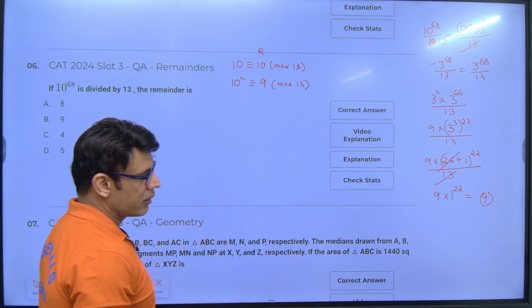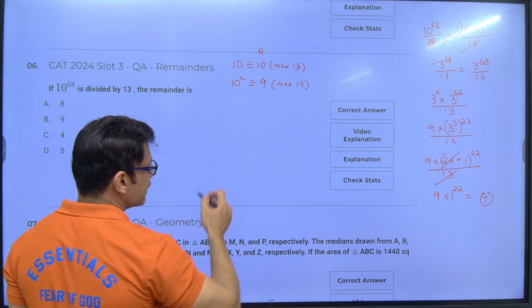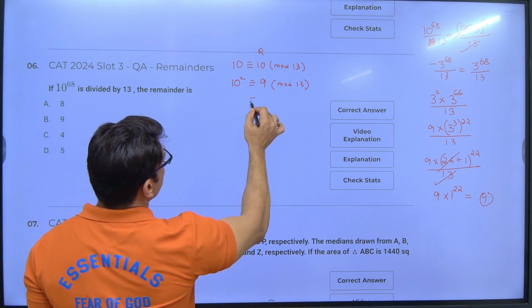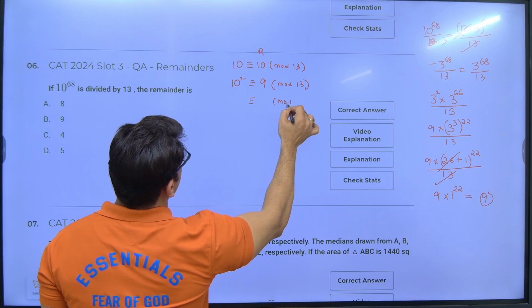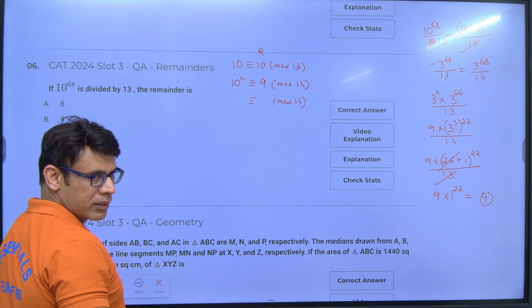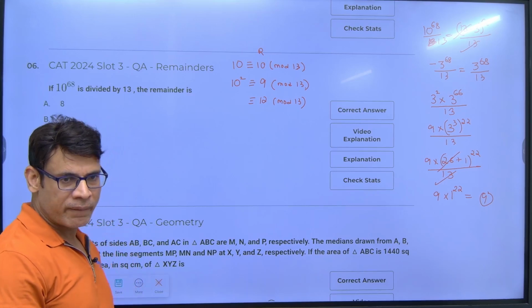9. Now 10 cube is easy, but mat karo. 9 into next 10. 9 10s are 90. 90 divided by 13. 13 6 are 78. Remainder is 12.